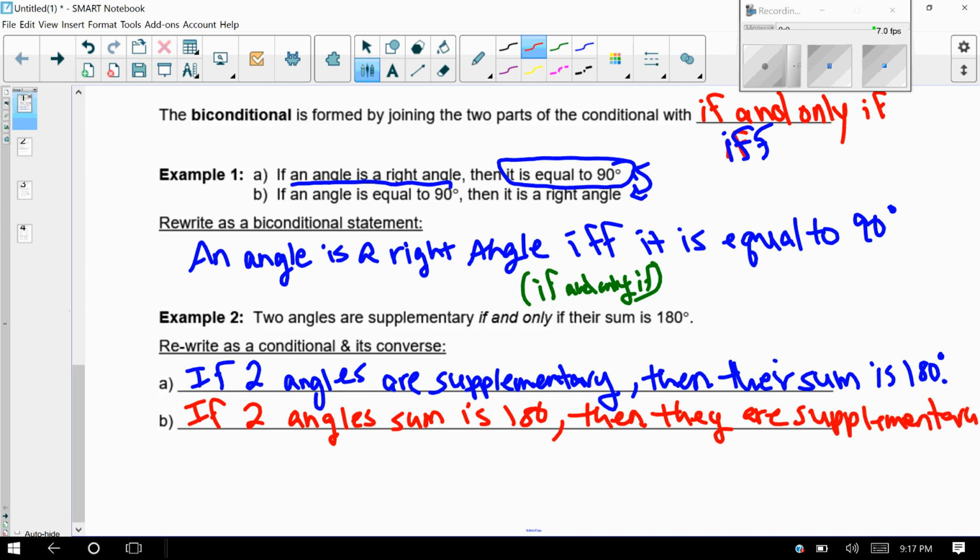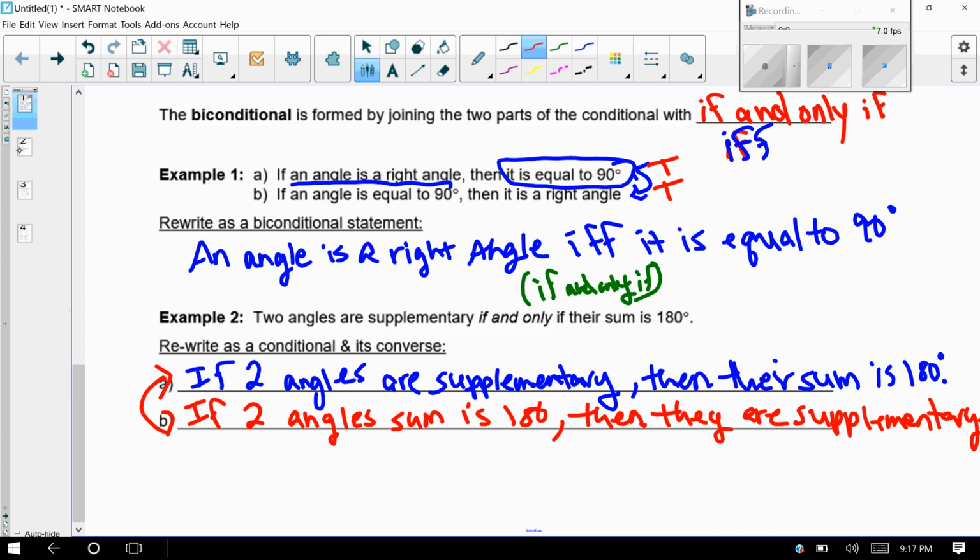That's a definition. We know that. That's what it means to be supplementary: two angles that add up to be 180. And those are both true. So these two are both true, which makes it a biconditional.